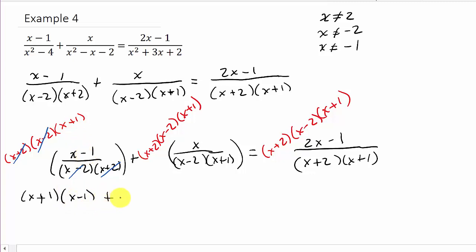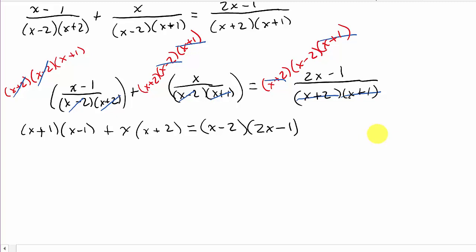And that's going to be plus, and then the x minus 2's cancel, the x plus 1's cancel, and I am left with x times x plus 2. Equals, and then x plus 2 cancels, x plus 1 cancels, and I am left with x minus 2 times 2x minus 1.